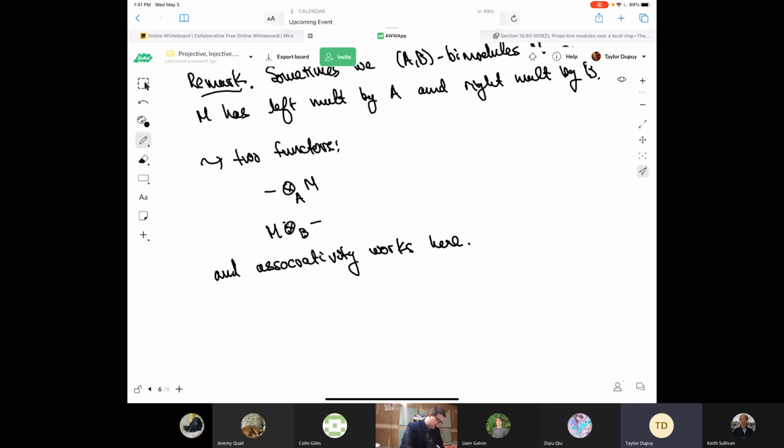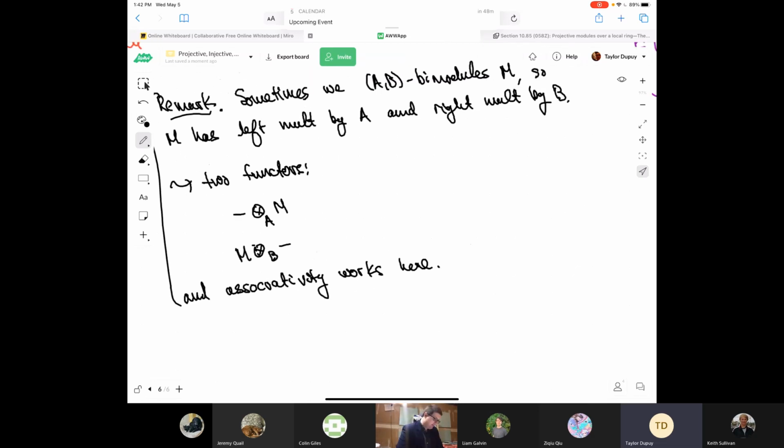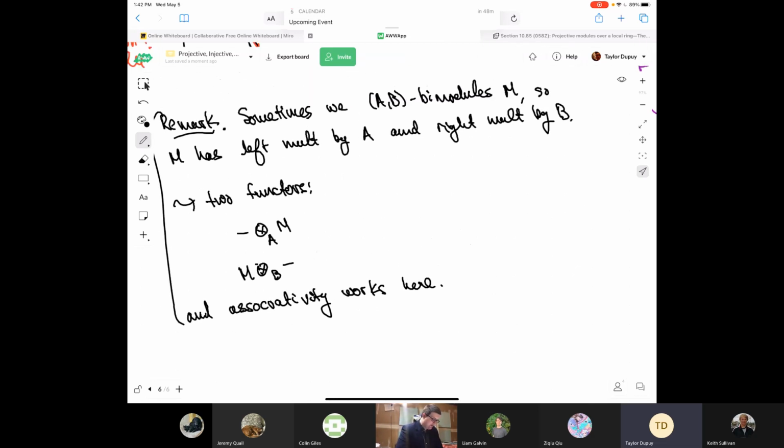So sometimes you have different scalars acting on either side. I just wanted you to be aware that this sometimes comes up. I don't think we're going to use it.